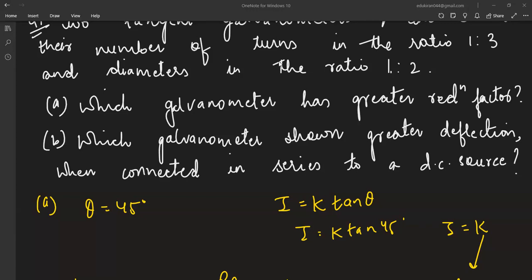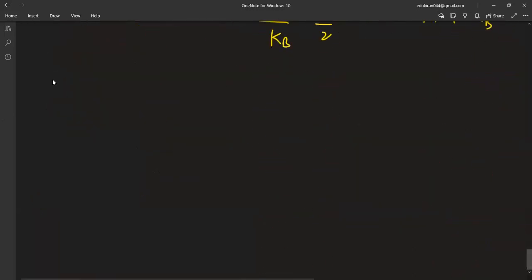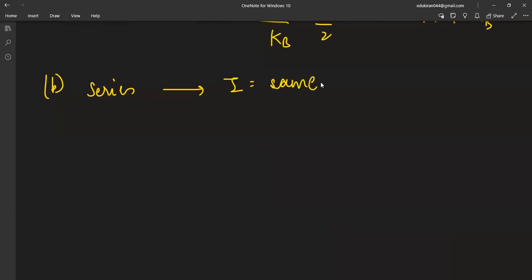Current. See, Fadil, I told you, charge in capacitors and current in resistors remain the same in series connection. So since it is a series connection, this means the current is remaining the same.